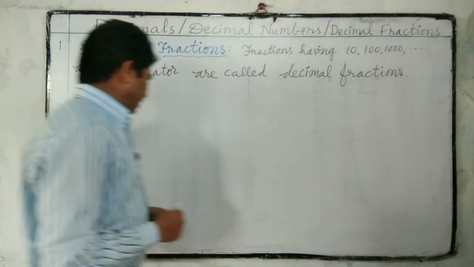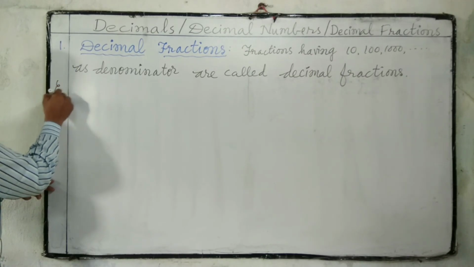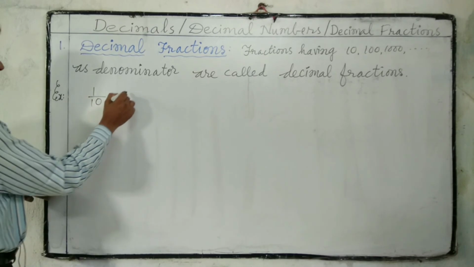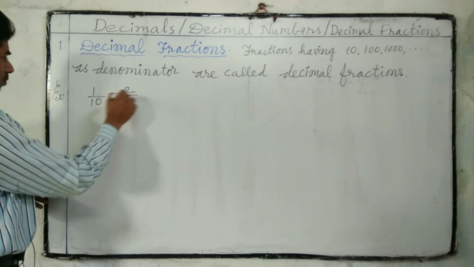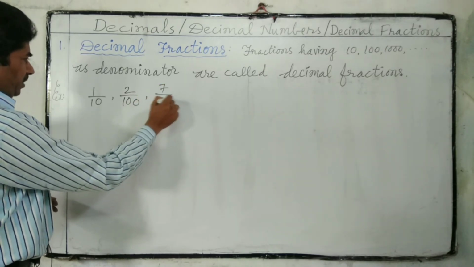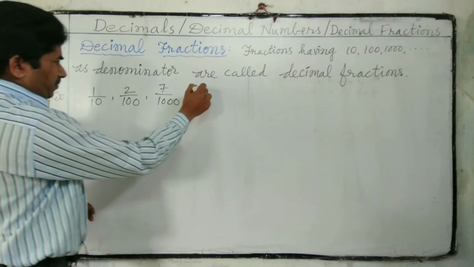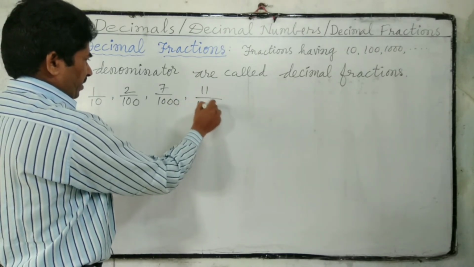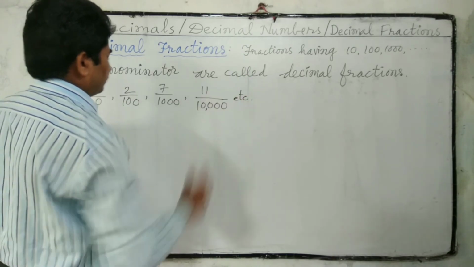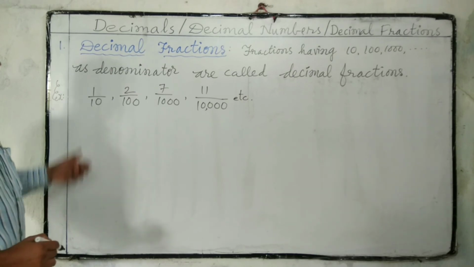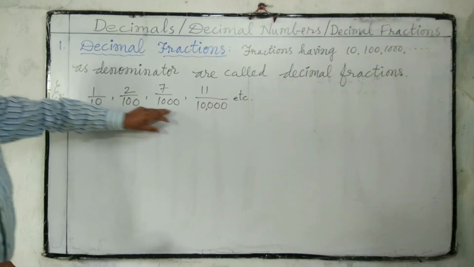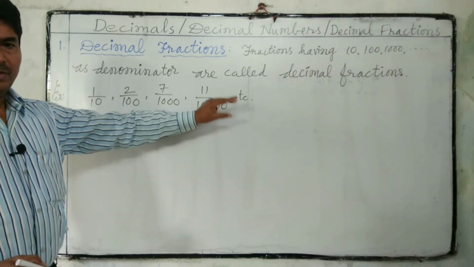Let us see few examples. 1/10, 2/100, 7/1000, 11/10,000, etc. In these fractions, we have 10, 100, 1000, 10,000, like this we have.